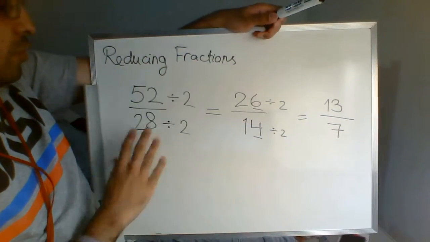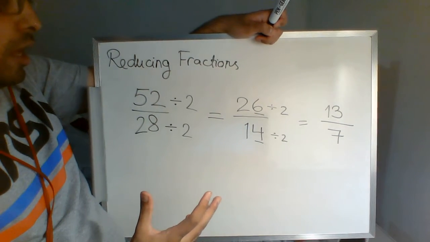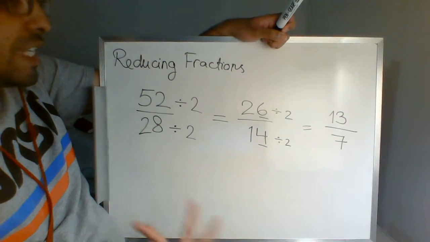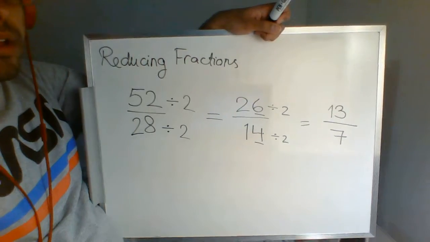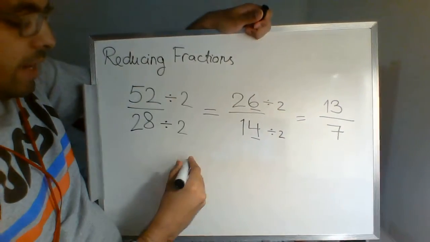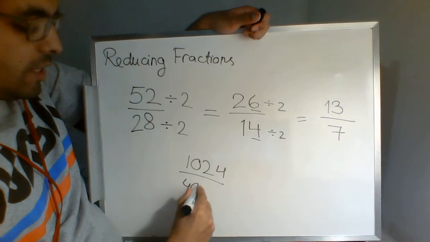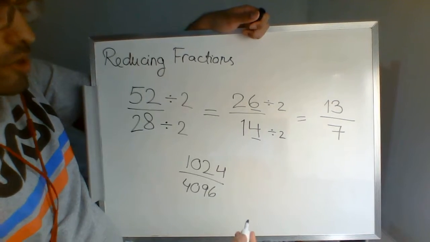But basically, if you look at it and you just guess numbers that you think might work, that will technically work in practice, but it can take a really long time. If you're dealing with numbers like 1024 over 4096, you can reduce that a lot.